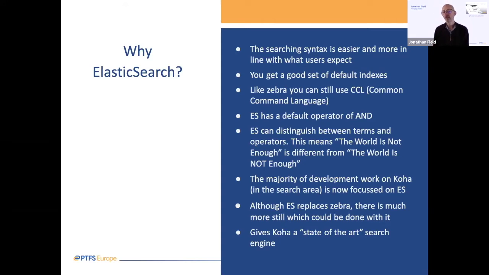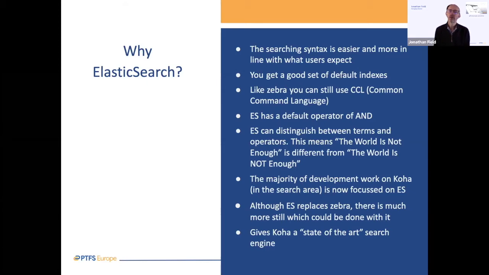So the capitalization of stop words allows you to use the operators in that way. I guess more importantly, going forward, the vast majority of development focus now is on Elasticsearch rather than Zebra. So in a way, it is the direction of travel.